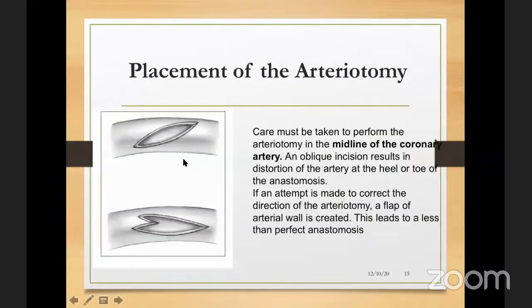Be careful not to perform the arteriotomy as an oblique incision. It should be midline on the coronary, because if you make an oblique incision and try to correct it, it will create a flap which will distort the anastomosis at the heel or the toe.